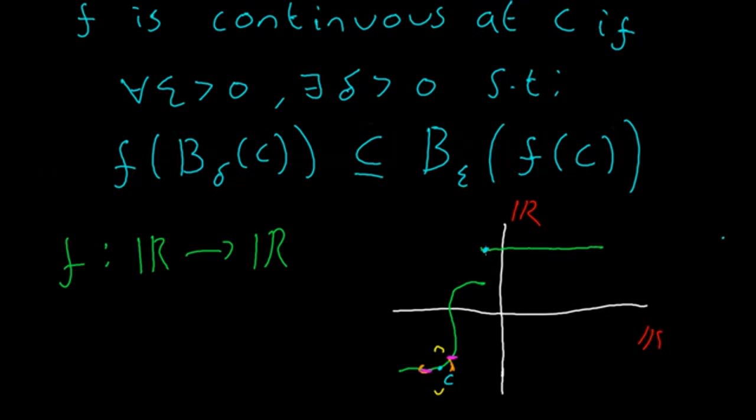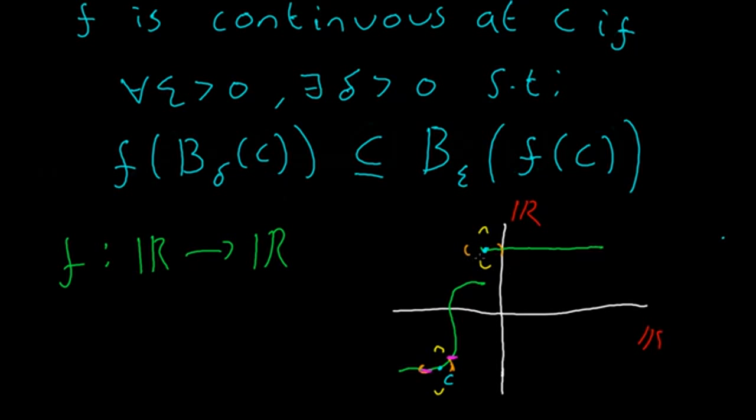So let's take a ball of radius epsilon, an arbitrary ball of radius epsilon around the point f of c in the codomain. So this ball, say for example, and we're looking for a ball of some radius in the domain. So let's say some ball. We're looking for a ball which will, when we pass this set of points through the function, fit inside the set we've chosen in the codomain.